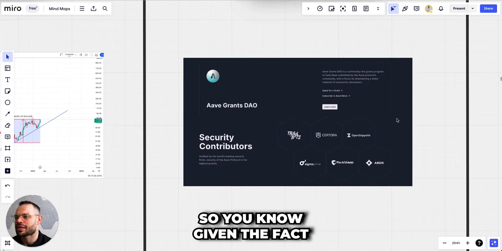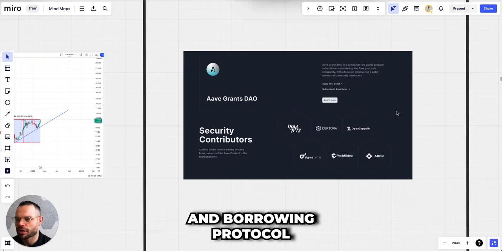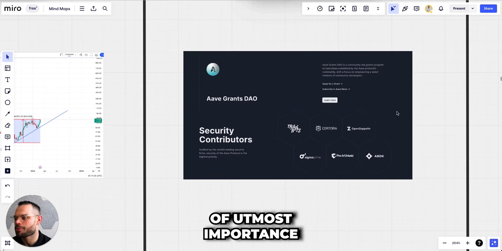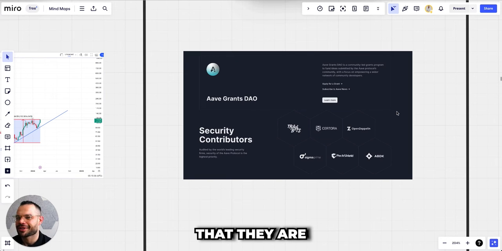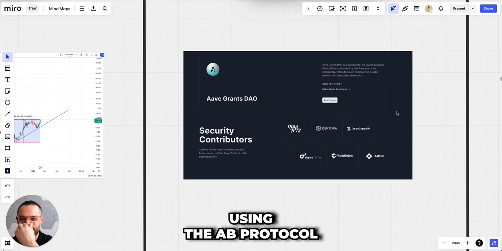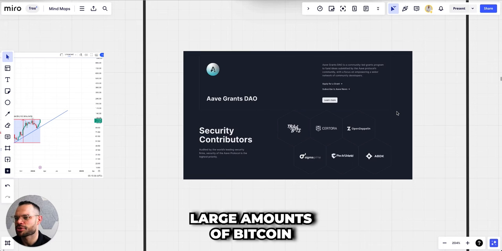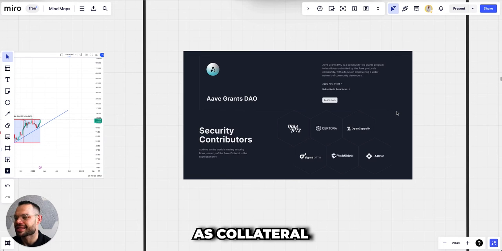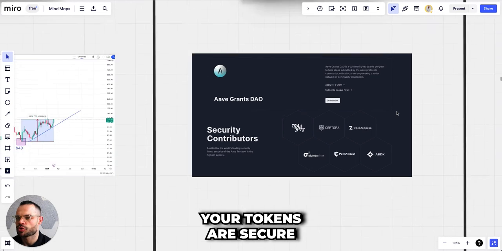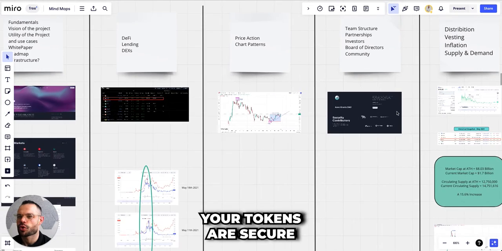Given the fact that they are a lending and borrowing protocol, this is of utmost importance, making sure that they are secure and your funds are secure when you're using the Aave protocol, especially if you're going to be depositing large amounts of Bitcoin and Ethereum as collateral, or if you're simply putting it there to lend out, you want to make sure your tokens are secure.